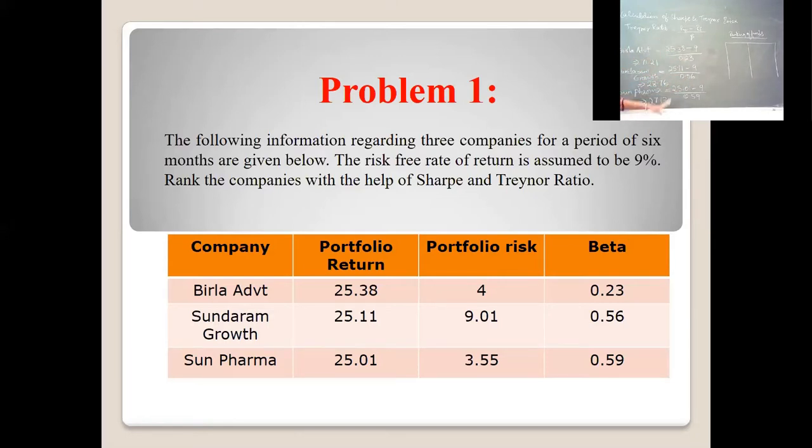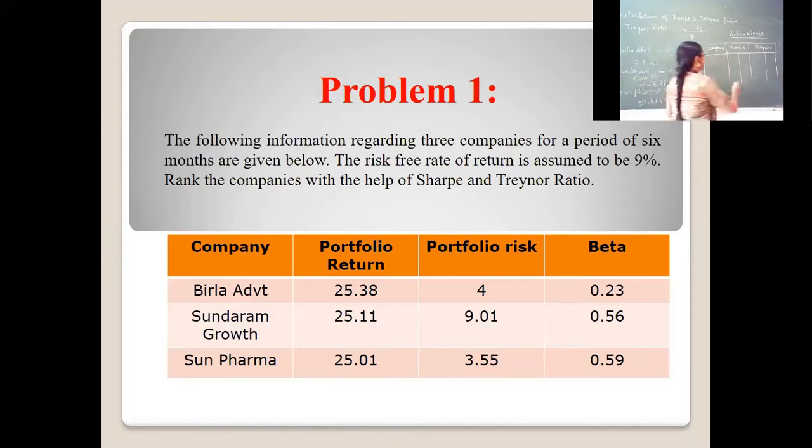Once you do the problem, we will have to make a table called ranking of funds, where I will state the company name, the Sharpe ratio and Treynor ratio, and then I will divide this information into two.